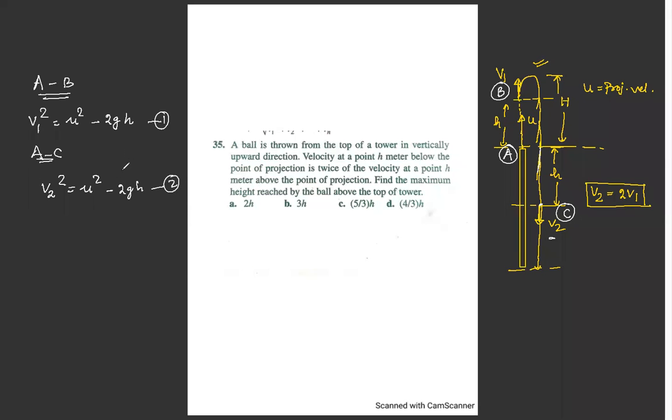The equation has 2g into minus h. In the second case we have to write it as minus h because displacement is in the downward direction, so this equation will become U square plus 2gh. I mean 2 into minus g into minus h. Acceleration due to gravity is always negative in the downward direction. So it is U square plus 2gh.